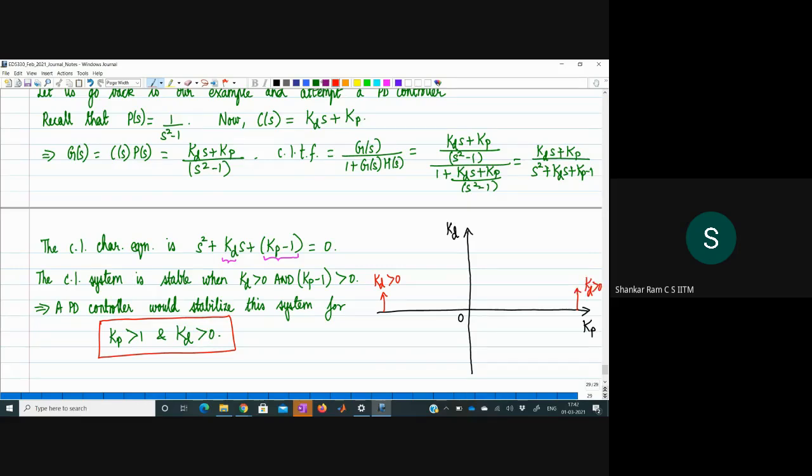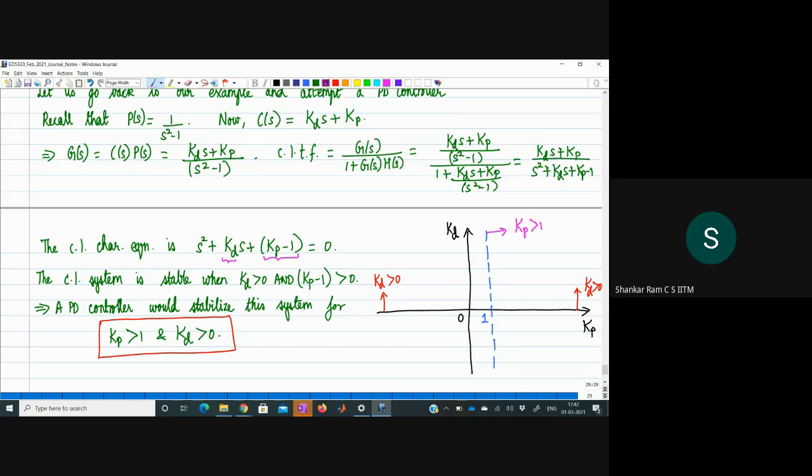Now KP greater than 1 will be this. So we draw the vertical line at KP equal to 1, and we have KP greater than 1 to be the region to the right of it.